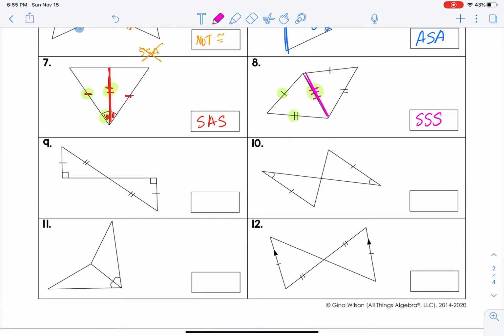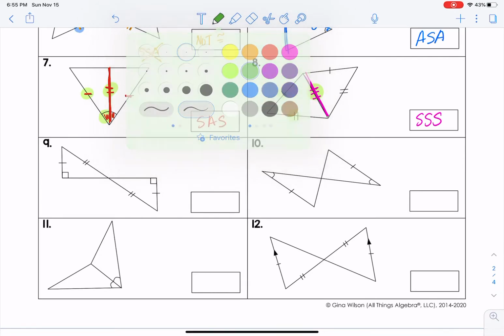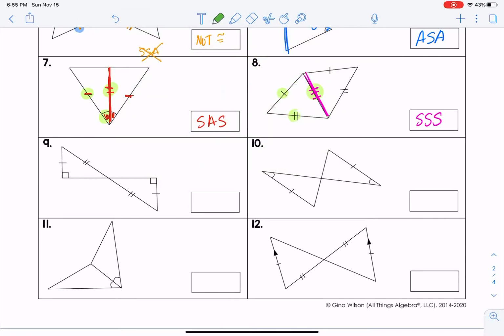For 9, I have right angles, so I'm going to be looking for hypotenuse, leg, or acute angle to figure this out. And I have 2 sides, so I'm looking at these. And I can see that I have a hypotenuse and a leg.